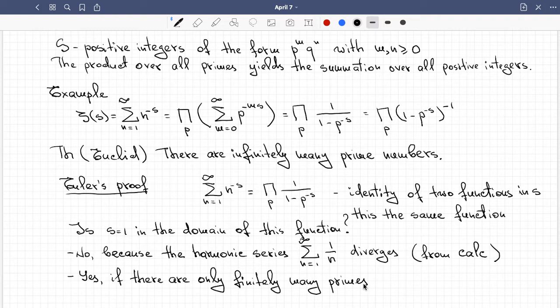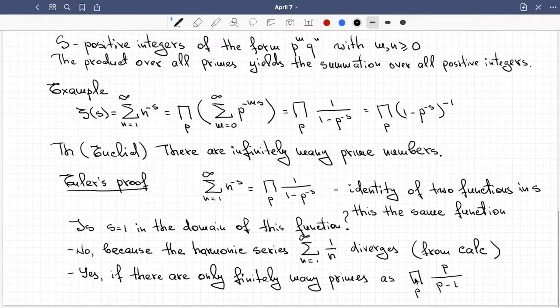Yes, if there are only finitely many primes, because we get a finite product when s is 1. This is going to be a product of p over p minus 1. This is a number if the amount of primes is finite.